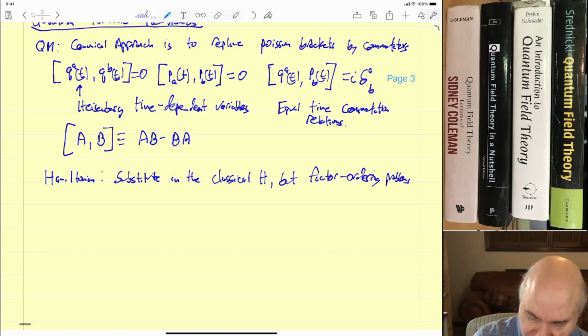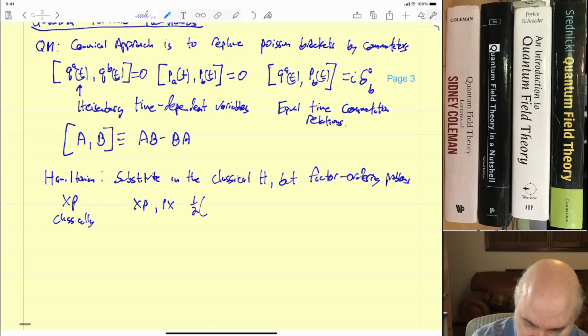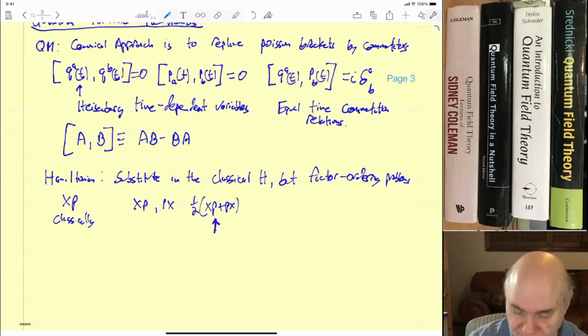If you have something like xp classically, what is it quantum mechanically? Is it xp? Is it px? Is it 1/2 xp plus px? This would be the choice in this case. We want something that's Hermitian and symmetric.